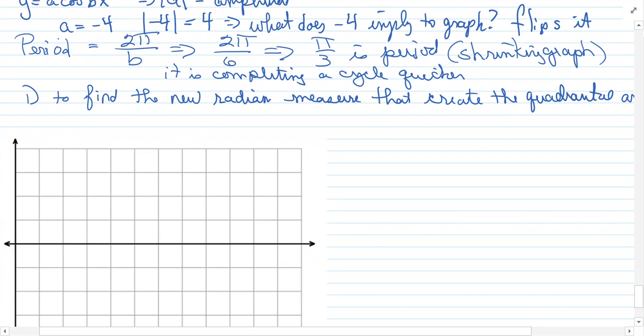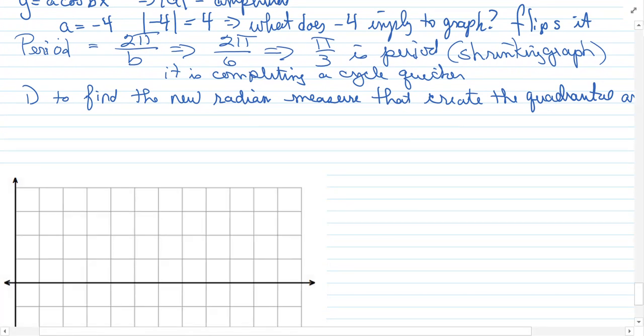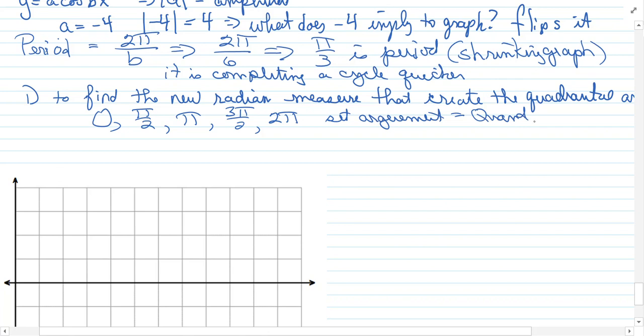We know that our quadrantals are 0 radians, pi halves, pi, 3 pi halves, and 2 pi. So we're going to set the argument equal to the quadrantals and solve for new values.